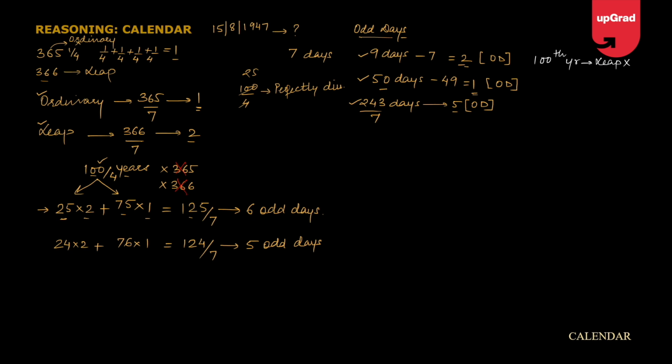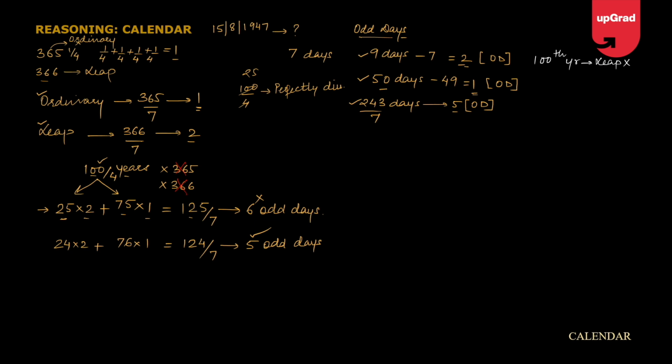Which means we cannot have 6 odd days in 100 years, it will be 5 odd days in 100 years. If this calculation is clear to all, we are almost close to the concept that allows us to find out the answer to the question written on the screen, which is 15th of August 1947, and we have to find out the day of the week.